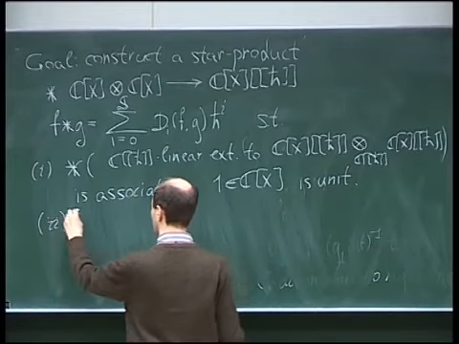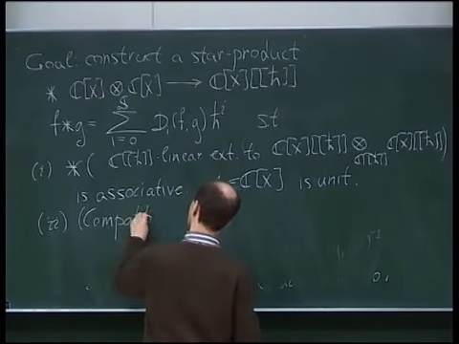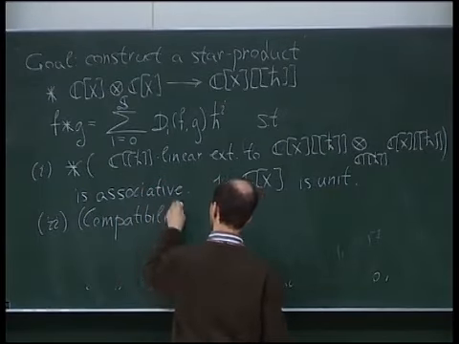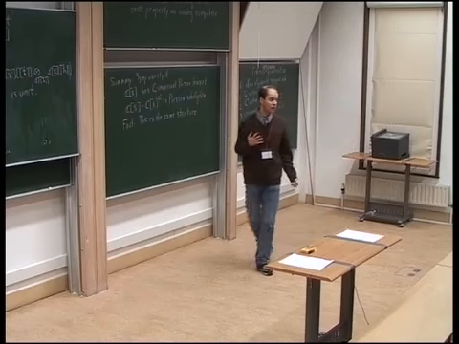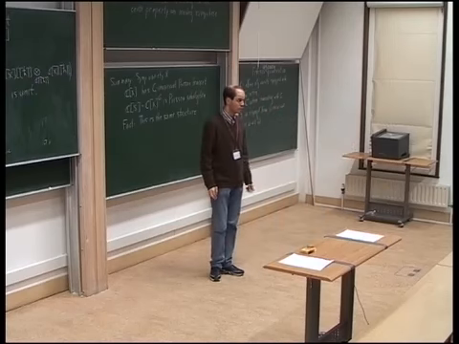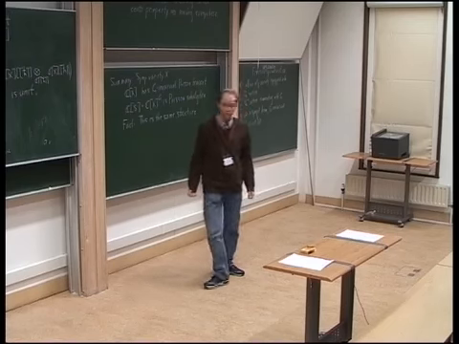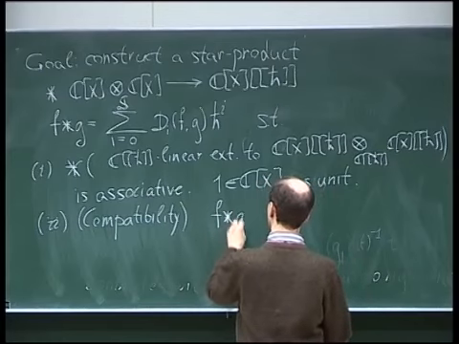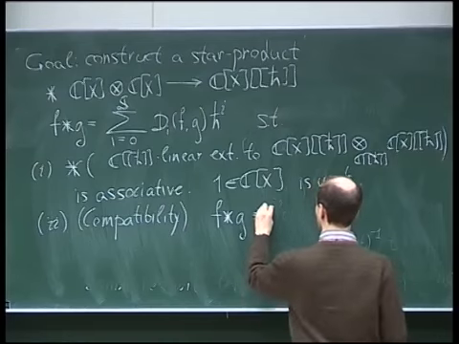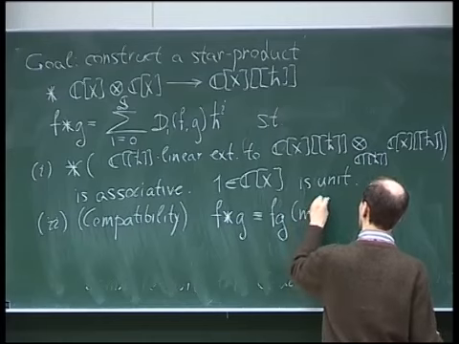Then one called compatibility. It says that the star product is compatible with the structures we already have on our algebra. So what structures do we have? We have the usual commutative product, first of all. So this f star g should be congruent to fg modulo h bar.